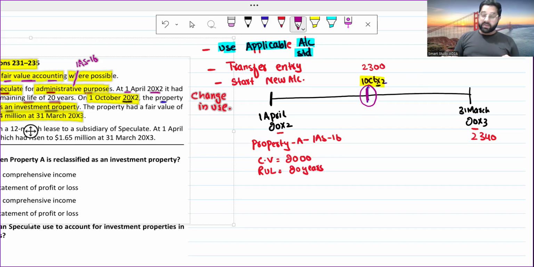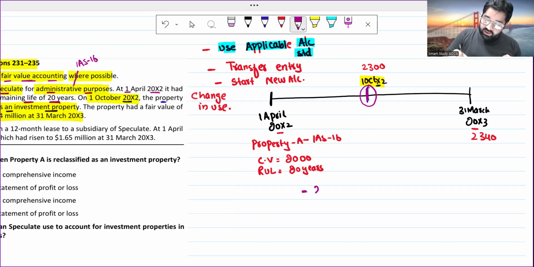The formula for depreciation is cost divided by useful life multiplied by 6 divided by 12. So 2000 divided by 20 multiplied by 6 by 12. The total depreciation charge will be $50, right?